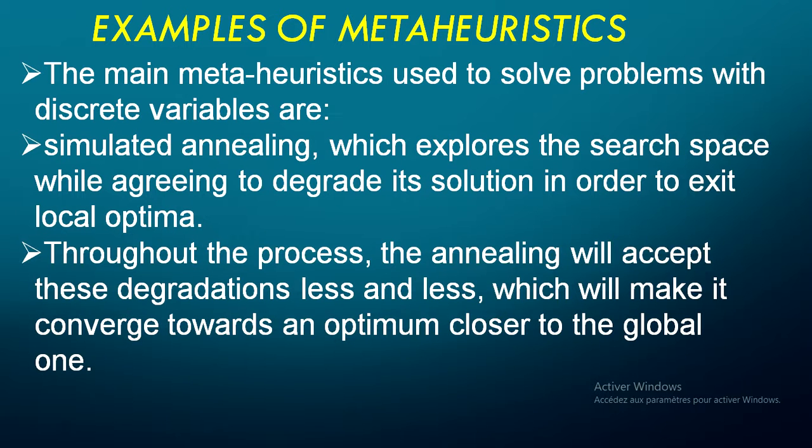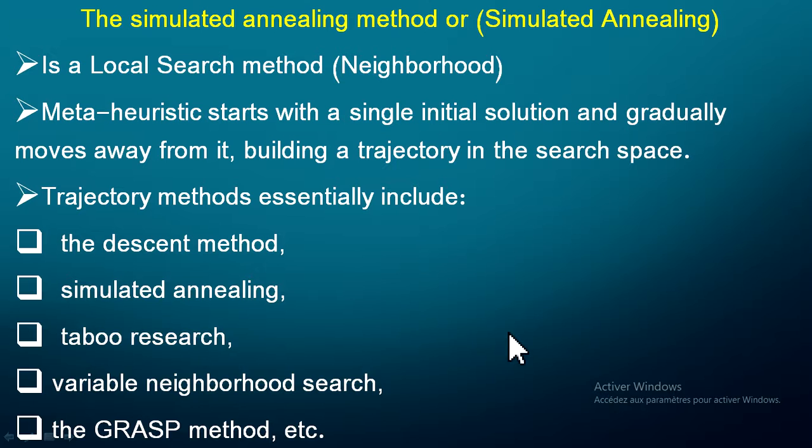So, example of meta-heuristics. The main meta-heuristics used to solve problems with discrete variables are simulated annealing, which explores the search space while agreeing to degrade its solution in order to exit local optima. Throughout the process, the annealing will accept this degradation less and less, which will make it converge towards an optimum closer to the global one.